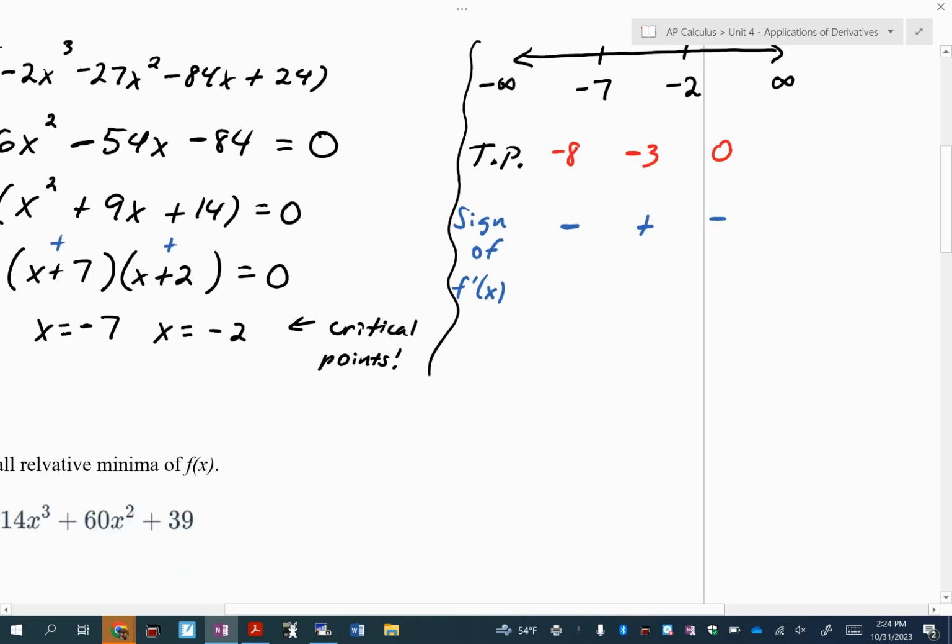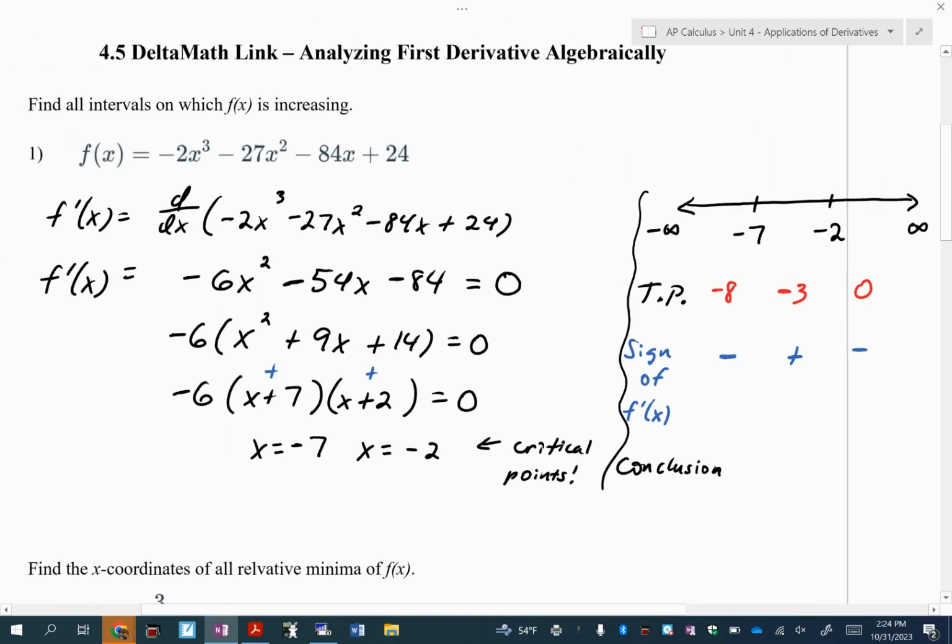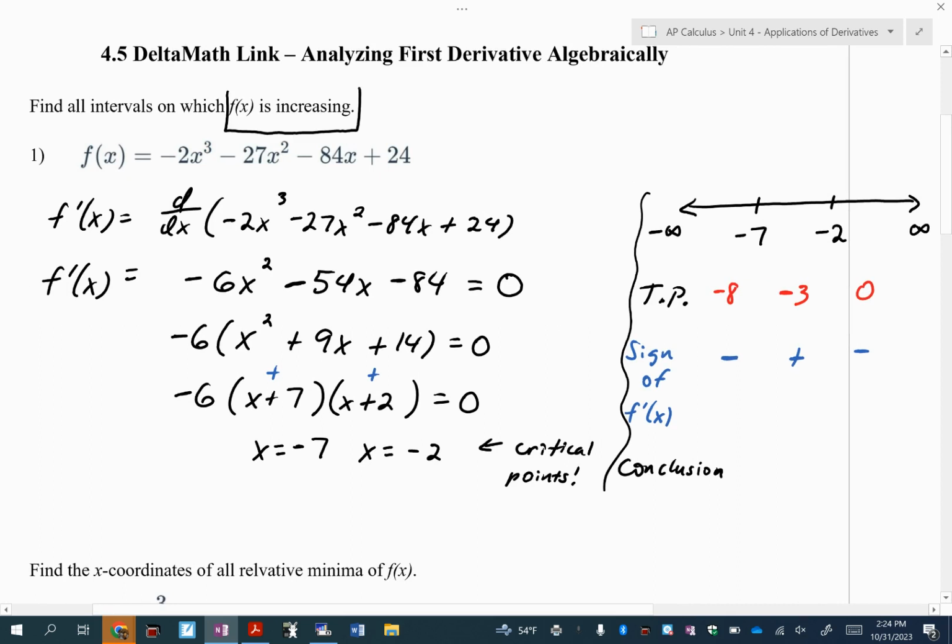So here's what I put for my conclusion. Because the problem asked, on what intervals is the original function increasing? To answer this using the work we just did, I ask where the signs of my derivative are positive, because that's where the original function is increasing.